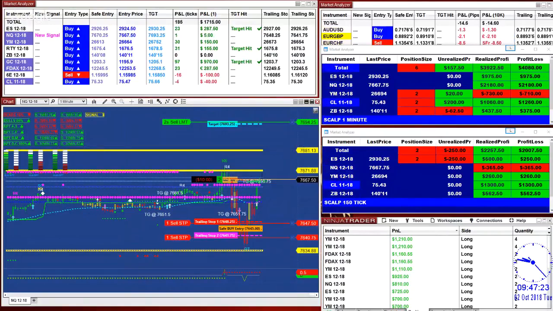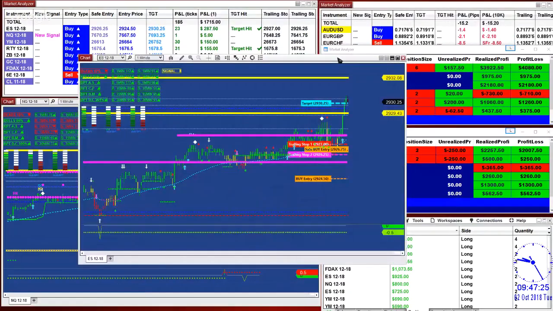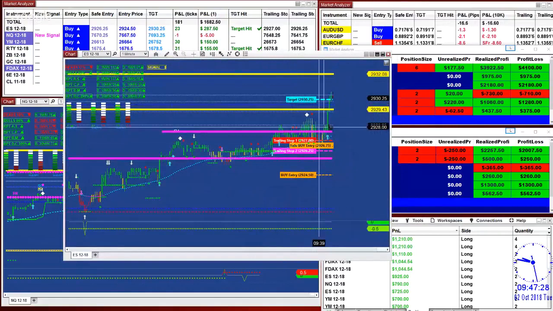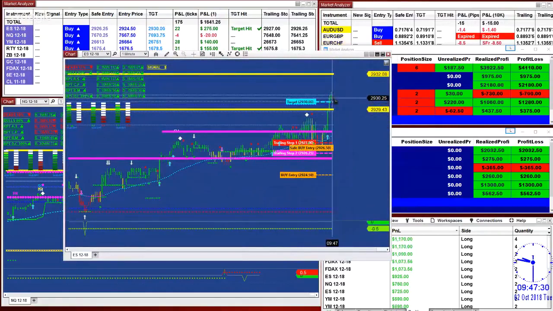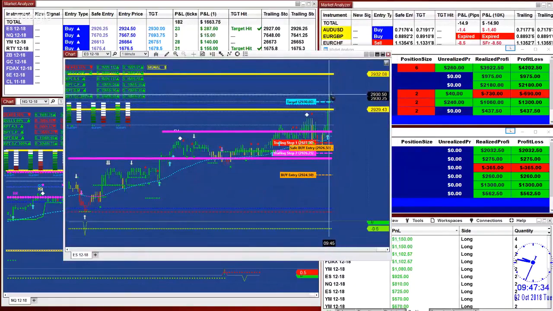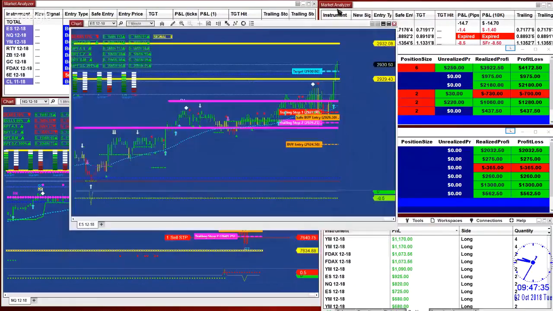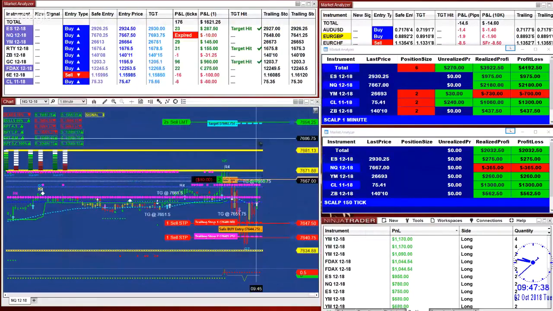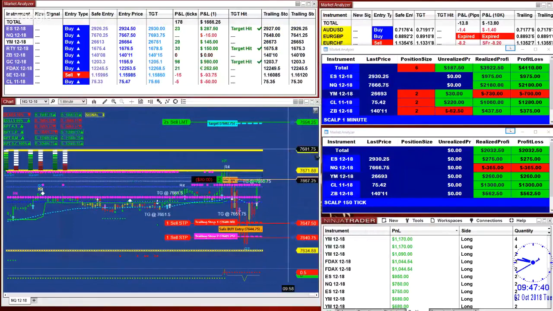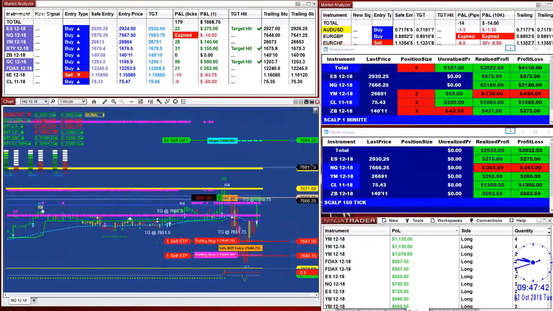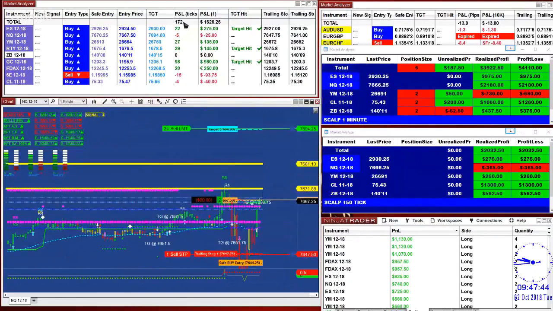The ES already hit the target, and when the ES hits the target, it means we're going to bump into a little sideways here. So we will see how this market outcome is going to be. Right now we have 172 ticks, 182 ticks based on the last entry signal, folks.